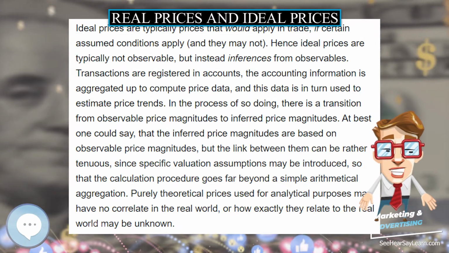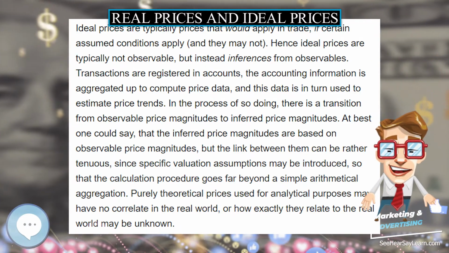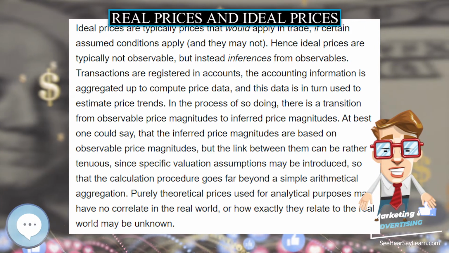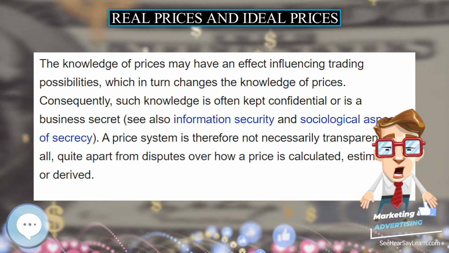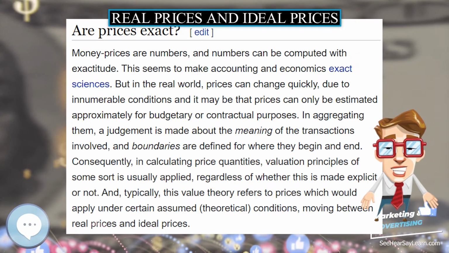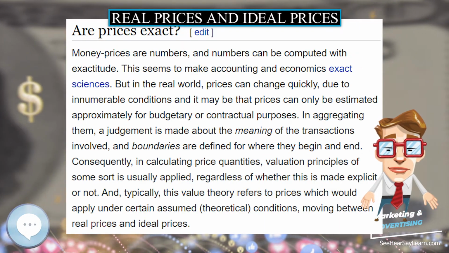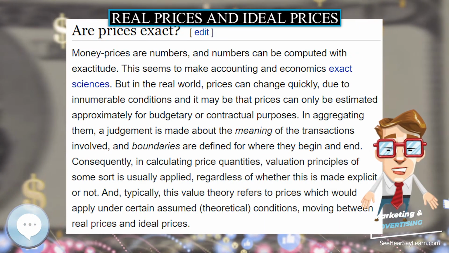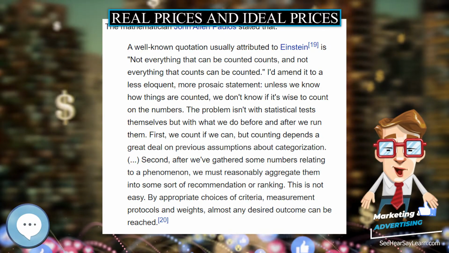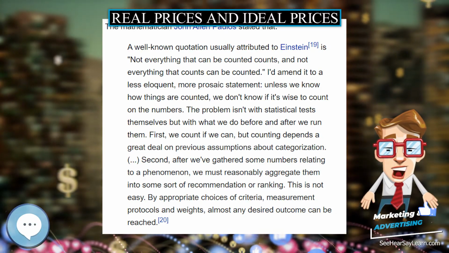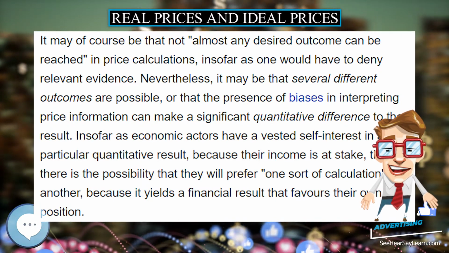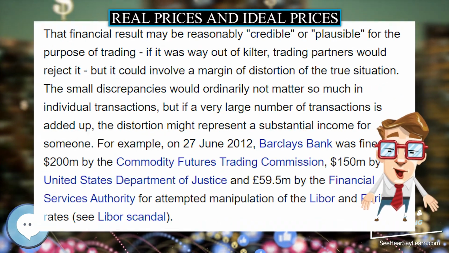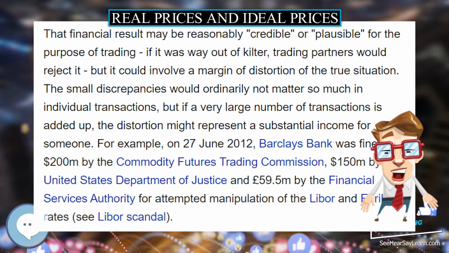At best one could say that the inferred price magnitudes are based on observable price magnitudes, but the link between them can be rather tenuous, since specific valuation assumptions may be introduced, so that the calculation procedure goes far beyond a simple arithmetical aggregation. Purely theoretical prices used for analytical purposes may have no correlate in the real world, or how exactly they relate to the real world may be unknown.